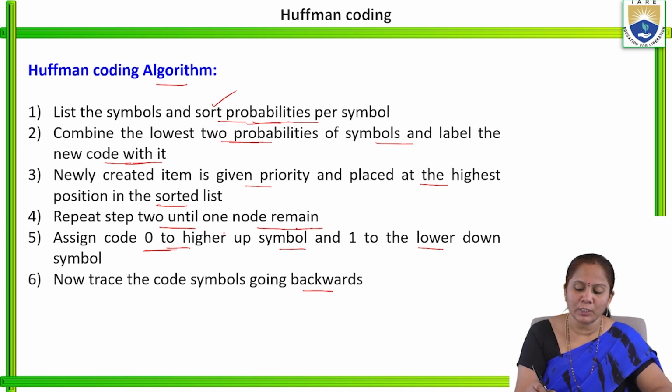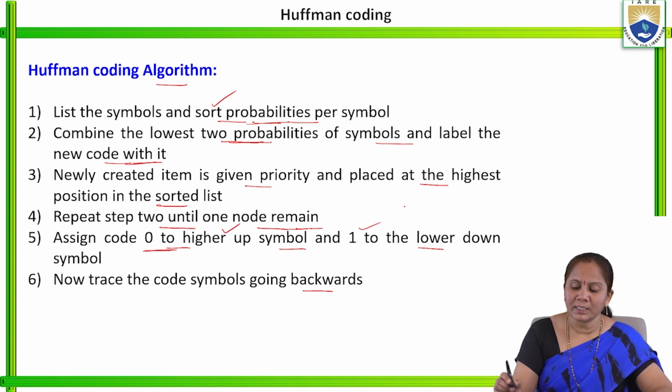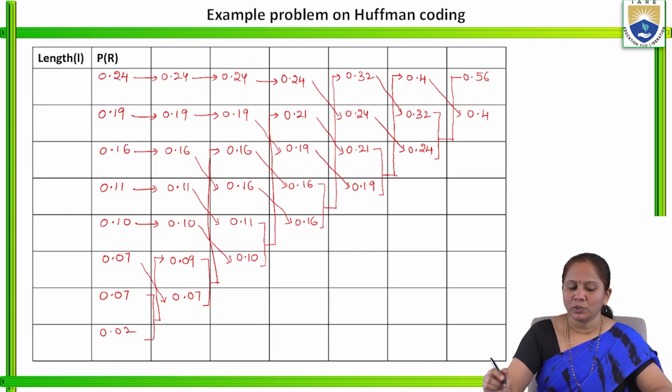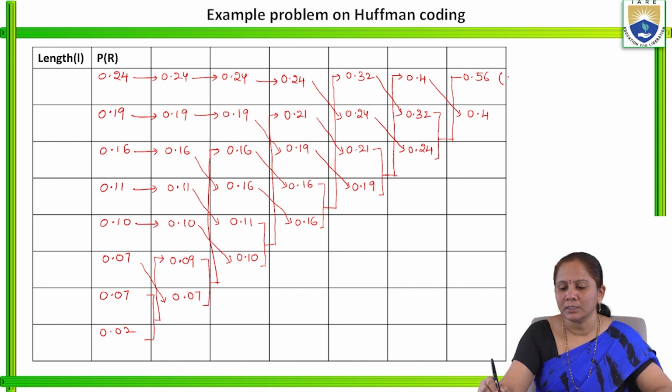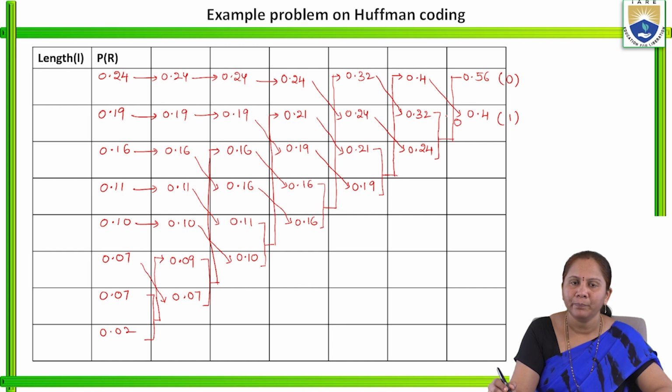So we have to assign 0 for the higher symbol and we have to assign 1 to the lower symbol. So this is 0 because this is the higher symbol, and the lower symbol, 0.4, we have to assign 1. If you see these two, 0.32 is the higher symbol, so we can have 0 here and 1 here.